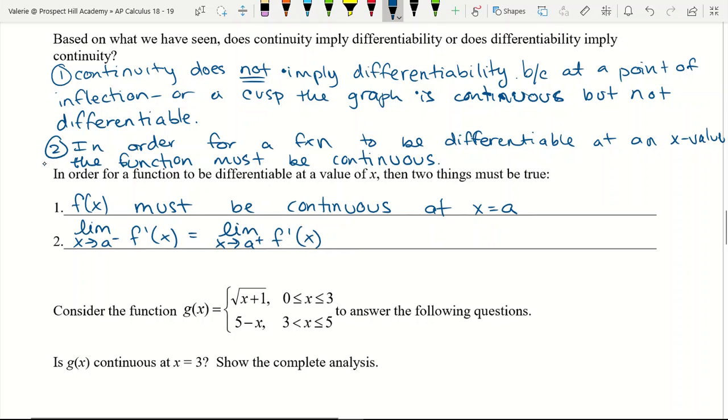So this piece here deals with the point of inflection and the cusp. Okay, so if number 2 is not true, that means you either have a point of inflection or you have a cusp.